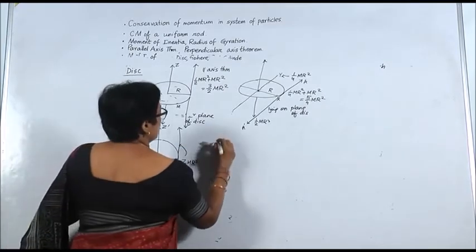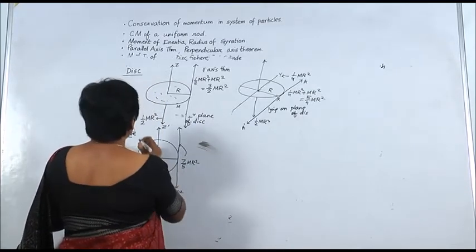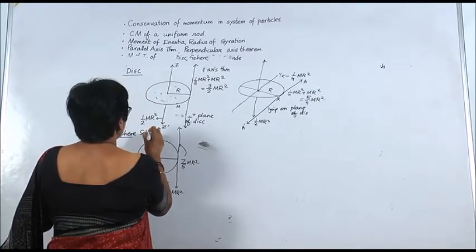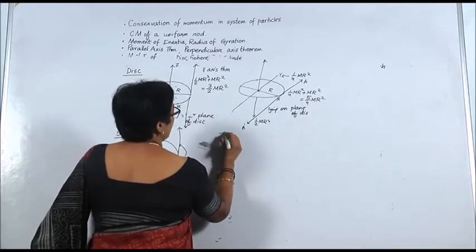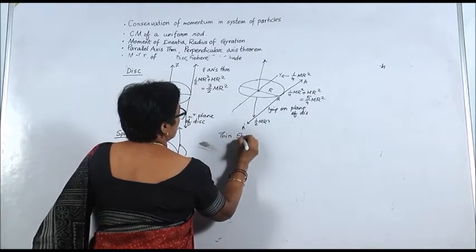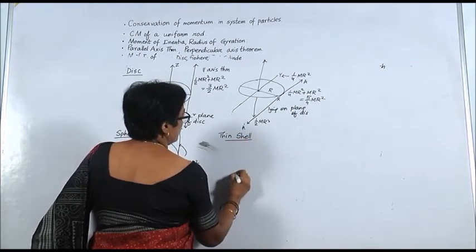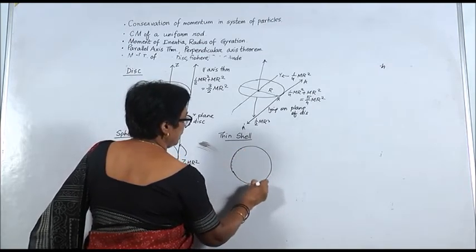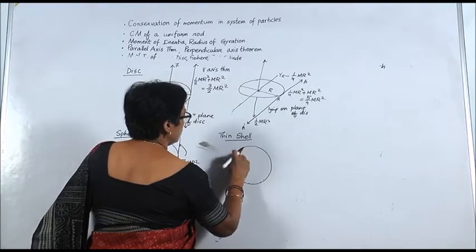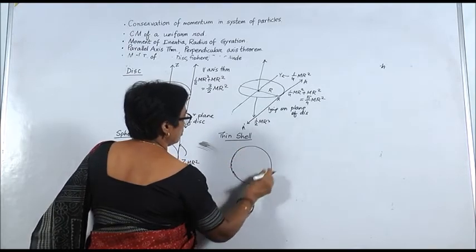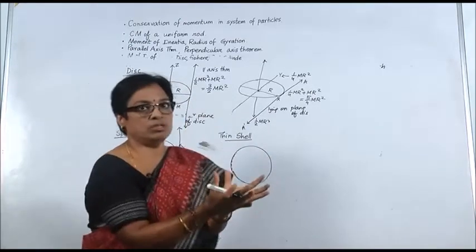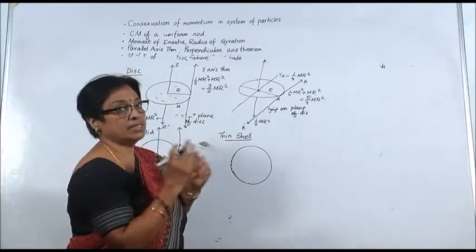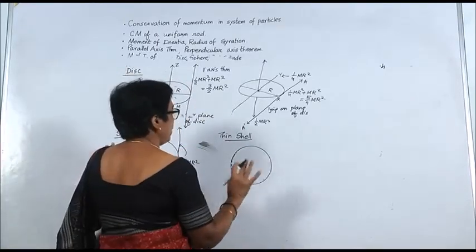Now this is the case of a solid sphere. If it is a thin shell, that means a 3 dimensional ring, it is a 3 dimensional body which is hollow, empty inside, with material only on the outside, and its mass is the same m.